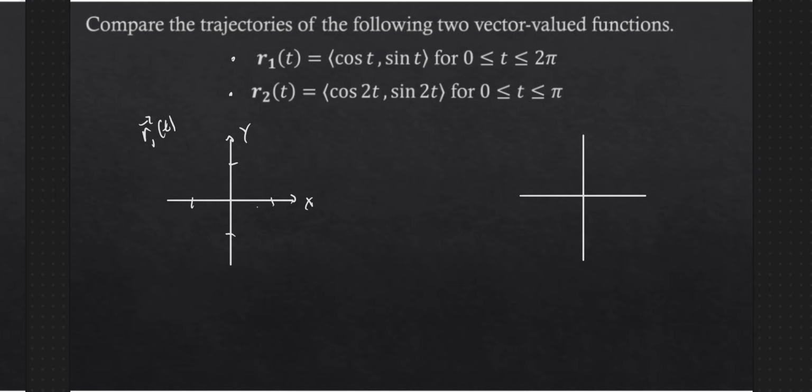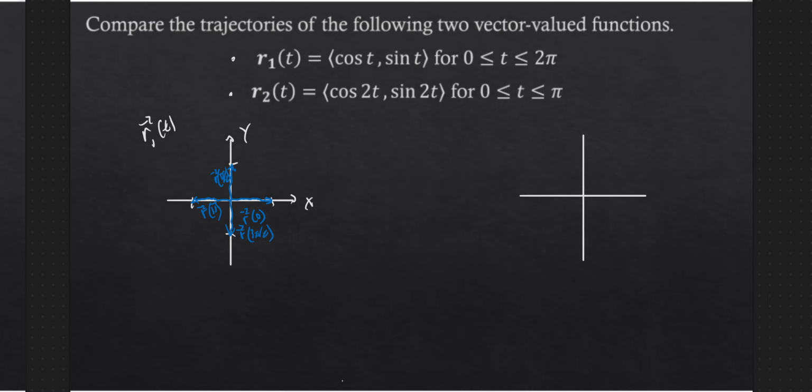This has an orientation to it. So I could graph, say, r of 0, I would be right here. This is r of 0. And then r of pi over 2 will be here. And so on, r of pi and r of 3 pi over 2.